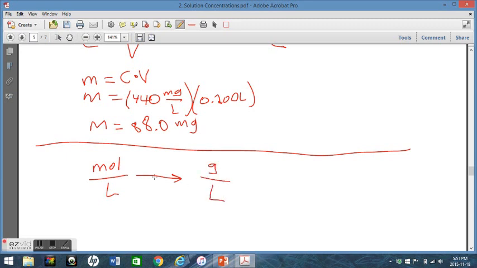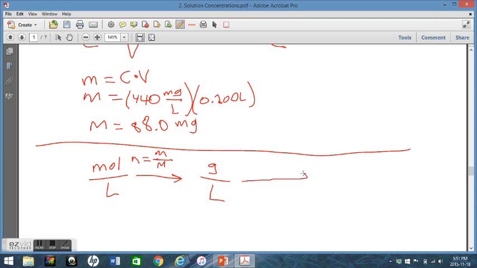How do I do that? Well, I use my little n is equal to little m over big M formula. I've got n. I would have to tell you what the chemical is for this to work. You can find the molar mass. You have the number of moles per liter. Figure out the mass. That's going to be the mass in grams.